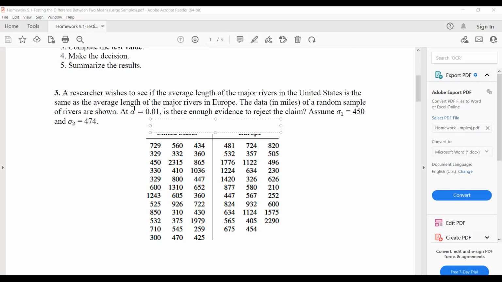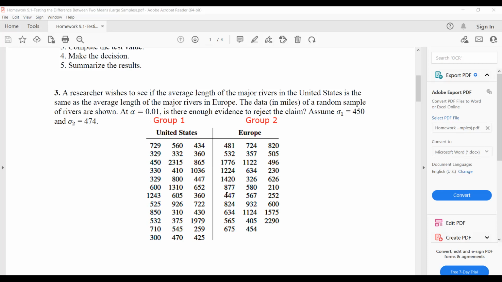Group 1 is over here in the US, and group 2 is Europe. So you're going to want to put all the United States in a list, probably list 1, and all of Europe into group 2, L2, okay?